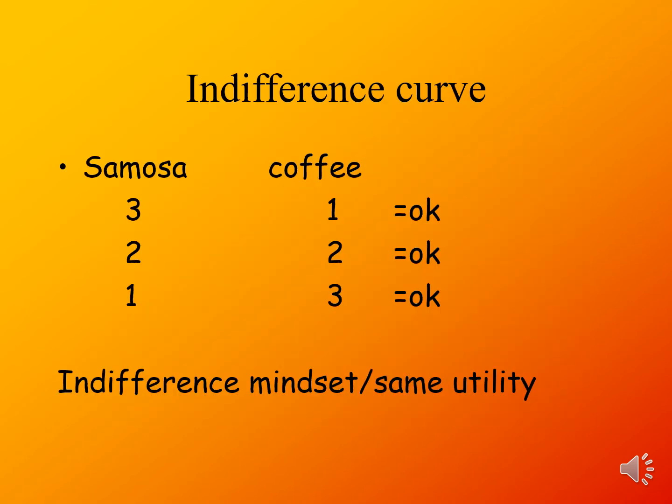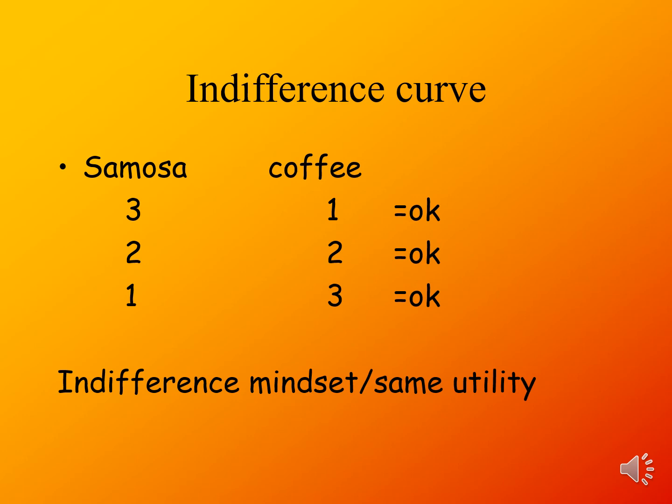Now let us see what an indifference curve is. In the previous example, we discussed different combinations of samosa and coffee. Here we have taken three combinations: 3 samosa and 1 coffee, 2 samosa and 2 coffee, 1 samosa and 3 coffee. If we give a person the option to choose any one of these three, and that consumer is okay with all the options in front of him, then we can say that he is indifferent towards all the options.